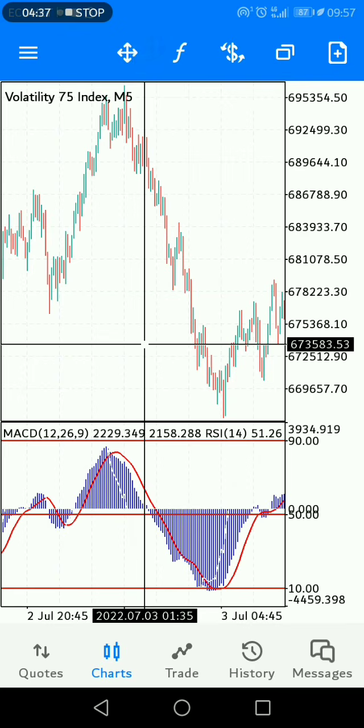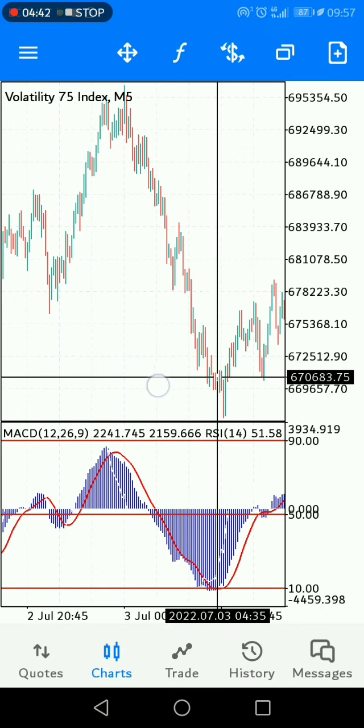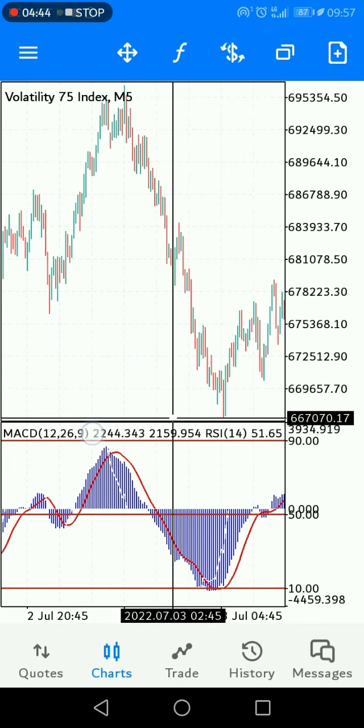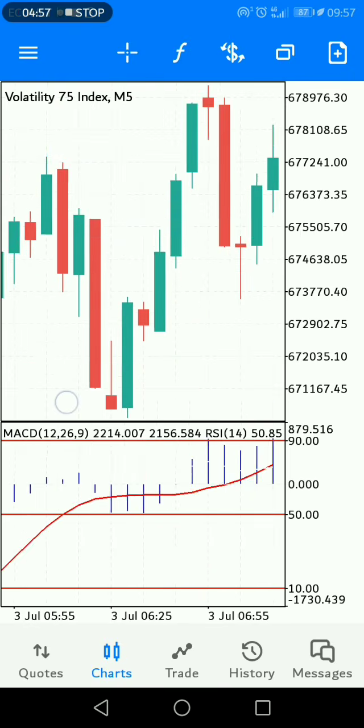For the stop loss, let's say you enter at this point right here, you want to put your stop loss below the lowest zone, because the crossover will happen after a small reversal. So when you see the MACD and the histogram crossing over, this is the crossover that I'm talking about.